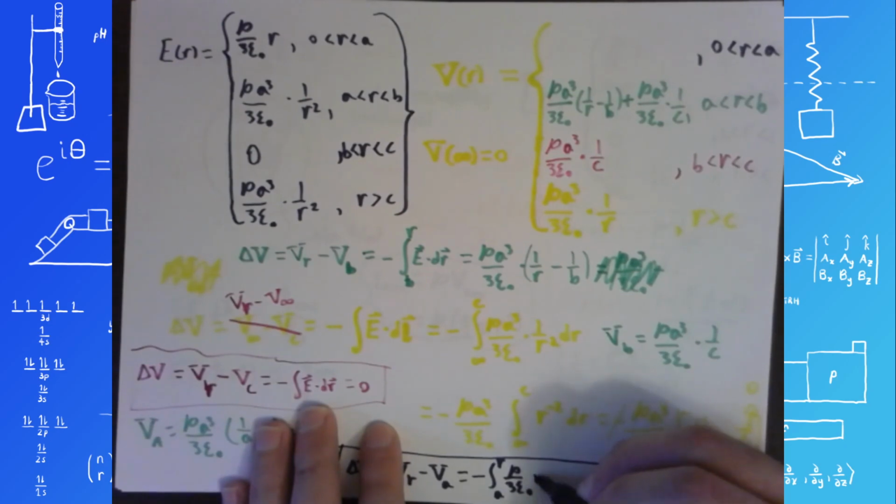The only variable here is R, and then times dr.